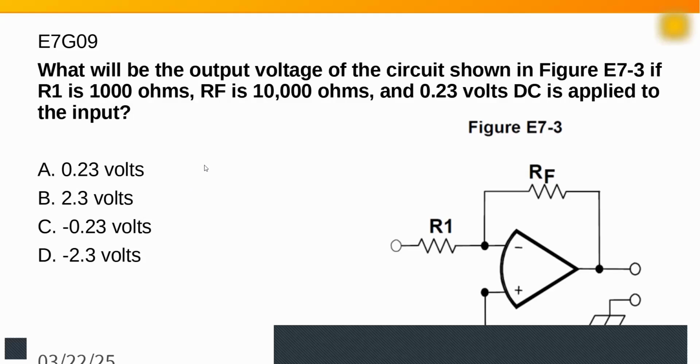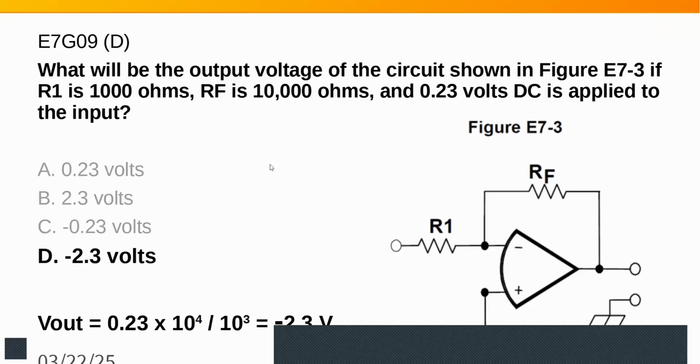B. Gonna make you think now. You ready? Delta. This is kind of a tricky one. I had the 2.3. Yeah, but you forgot it was inverting.